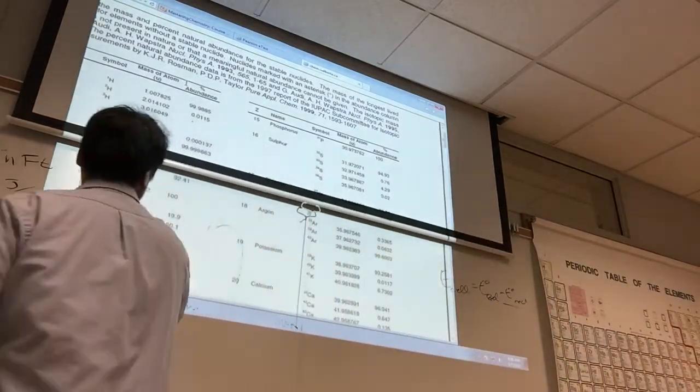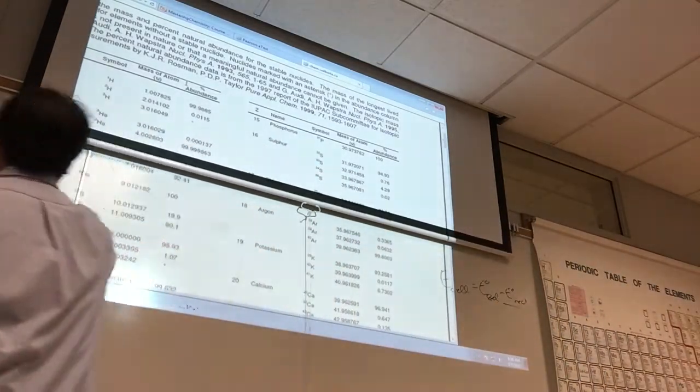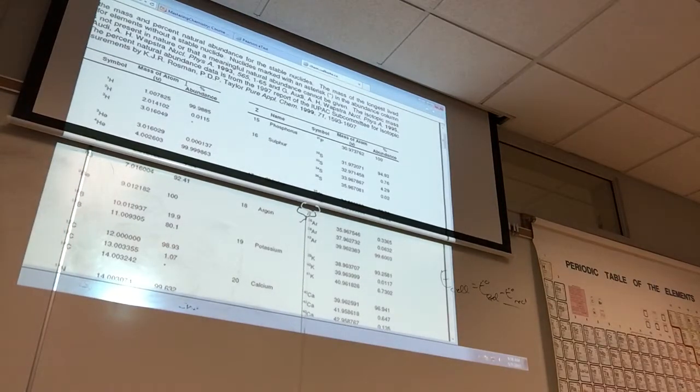So let's calculate the energy of this fusion reaction here. And so the reaction again was deuterium plus a tritium yields a helium. Note something that happens here, plus a neutron.